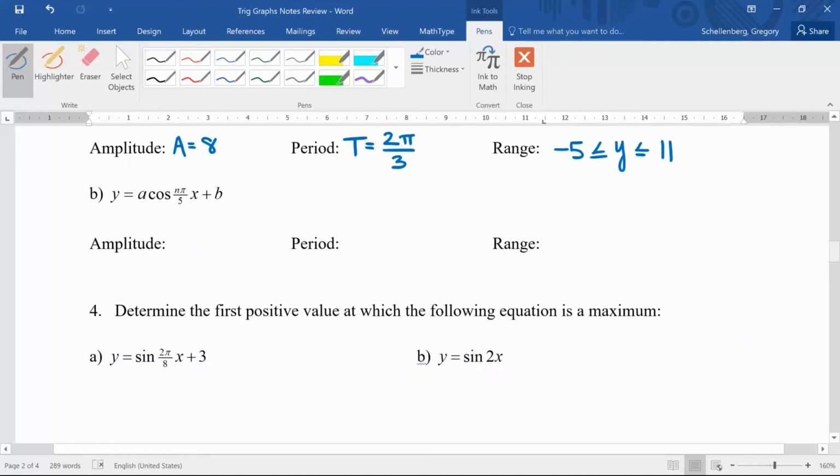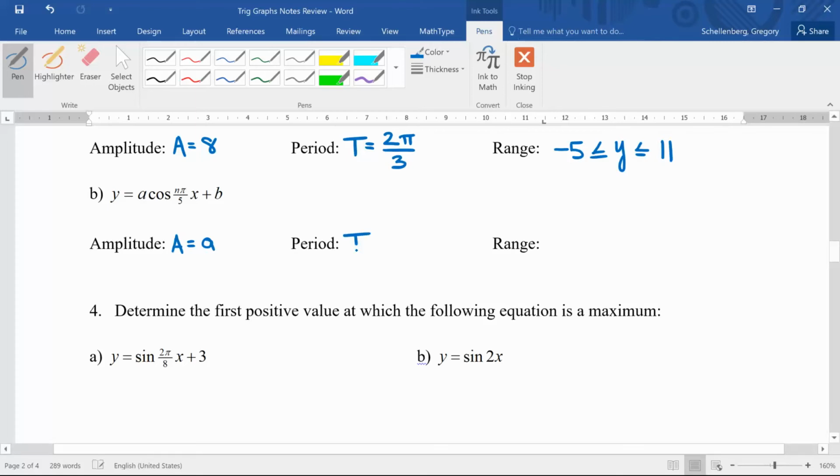Moving on. A little more challenging. We've got y equals a cosine of (n pi over 5)x plus b. Okay, what's our amplitude? Well, it's the a value. So we have an amplitude of a. What's our period?